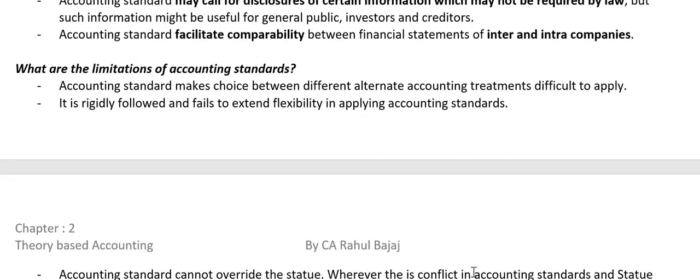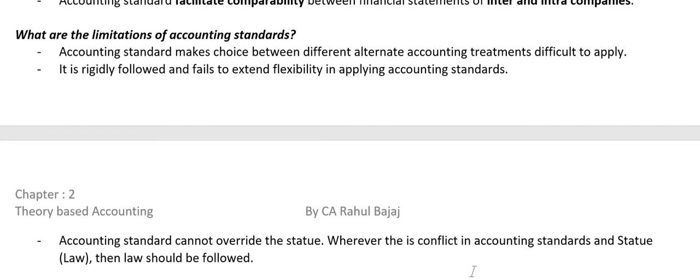What are the limitations of accounting standards? In certain cases different choices or alternatives are given, so the accounting treatment sometimes becomes difficult. If accounting standards are rigidly followed, then it fails to provide flexibility in applying accounting standards. So there will be a limitation on flexibility. Then the next point is that accounting standards cannot override statute.